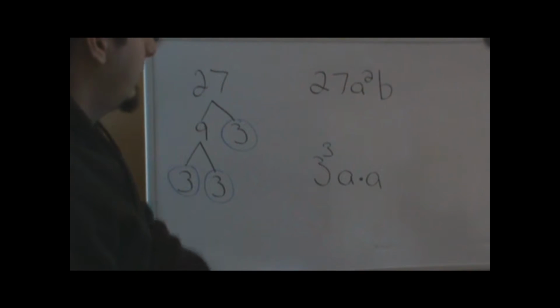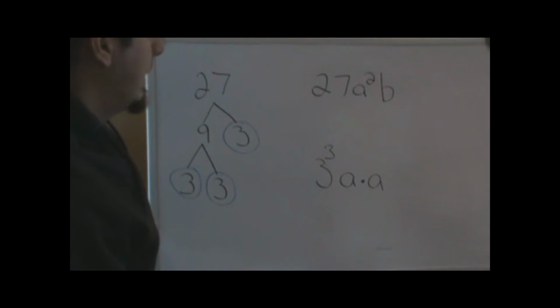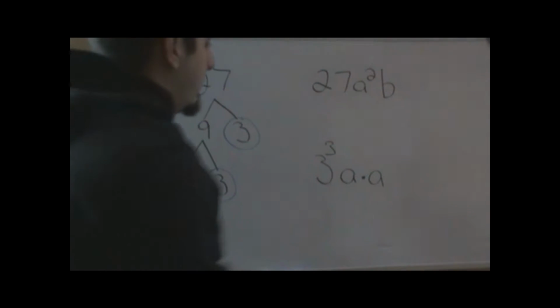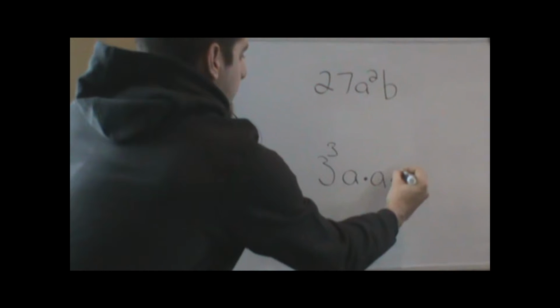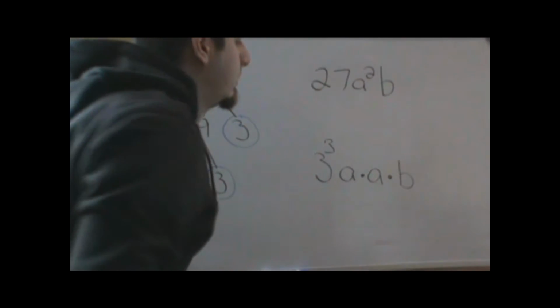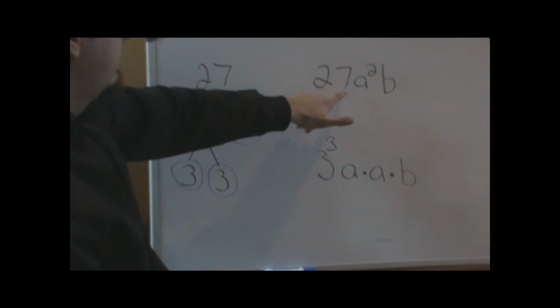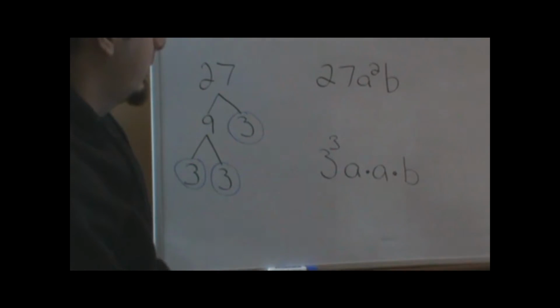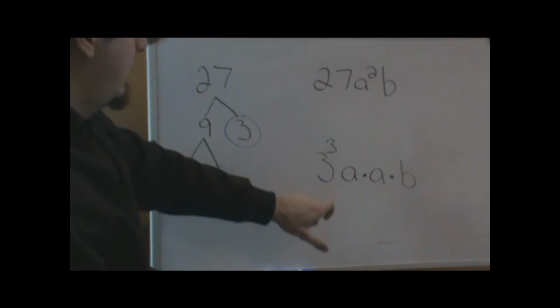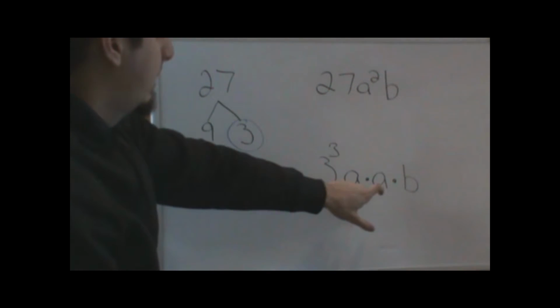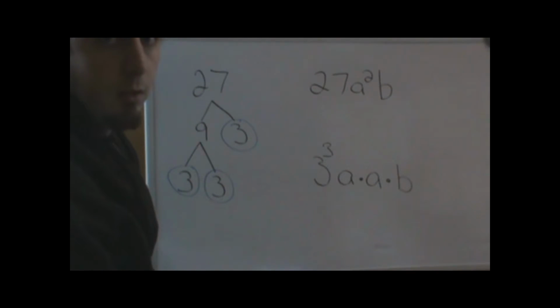What do you multiply to get b? b times 1, or just b. So the prime factorization of 27a squared b is 3 to the third power times a times a times b.